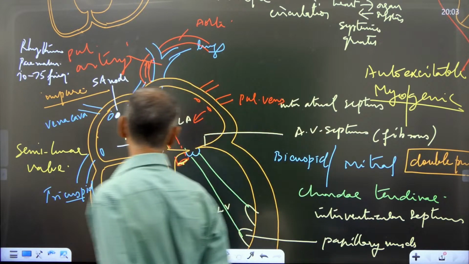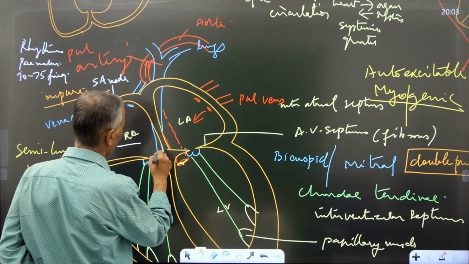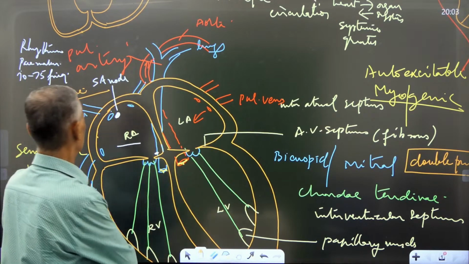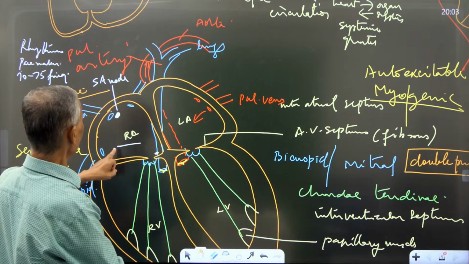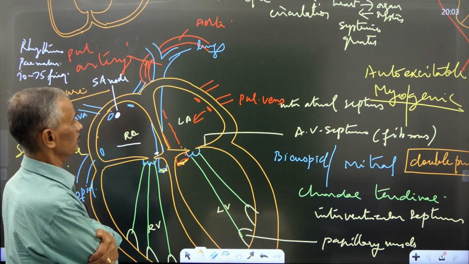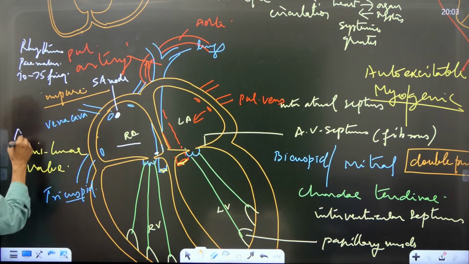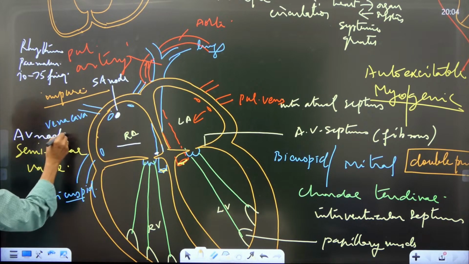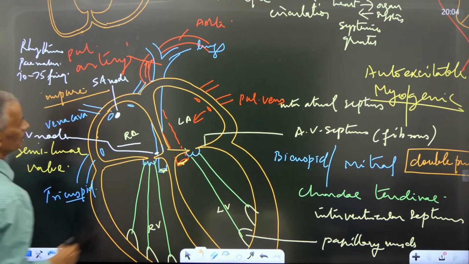Now there is another node lying very close to and above the right atrioventricular septum. This is called AV node. ഇതാണ് AV node.